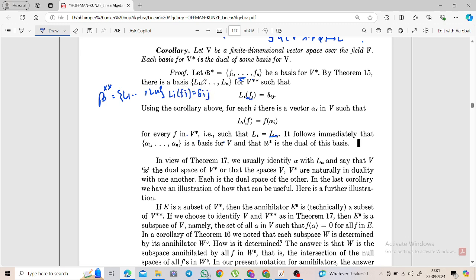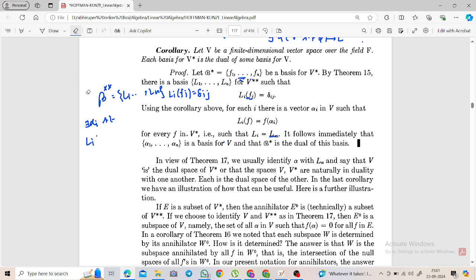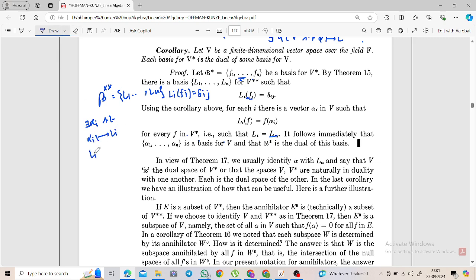But we all know that there exists, from the previous corollary, alpha i such that Li is basically the image of alpha i under that isomorphism, right? That alpha i goes to Li for some alpha i. So Li f is f of alpha i.